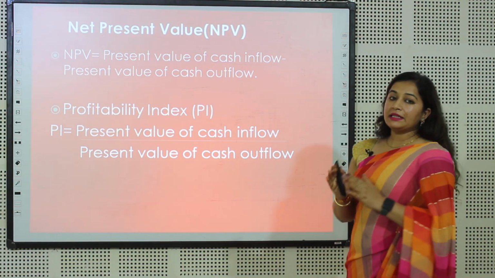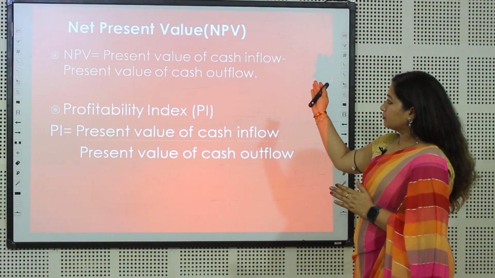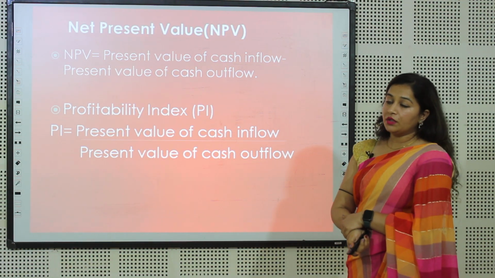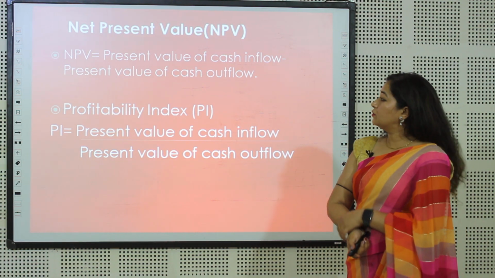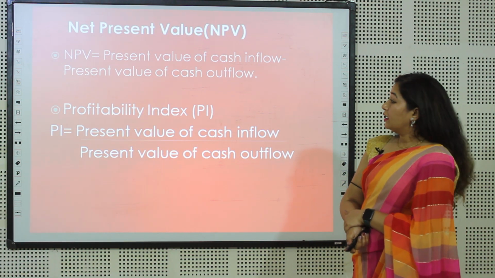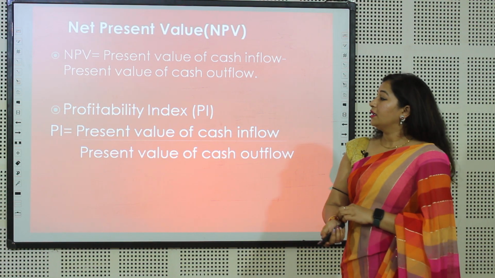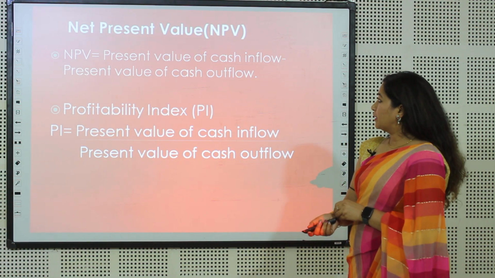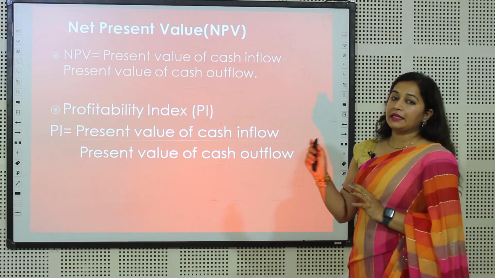The basic criterion of selecting a project in case of net present value is this: if the company wants to select a project based on the net present value method, then the company will see that if the result of net present value is positive, the company will select the project.